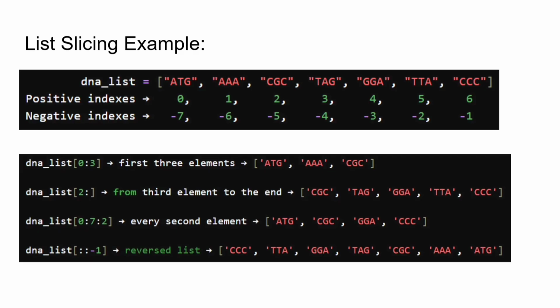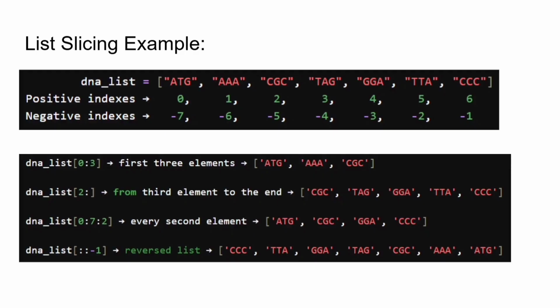For example, consider the list DNA underscore list with items ATG, AAA, CGC, TAG, GGA, TTA, and CCC. The positive indexes go from 0 to 6 and the negative indexes go from minus 7 to minus 1.